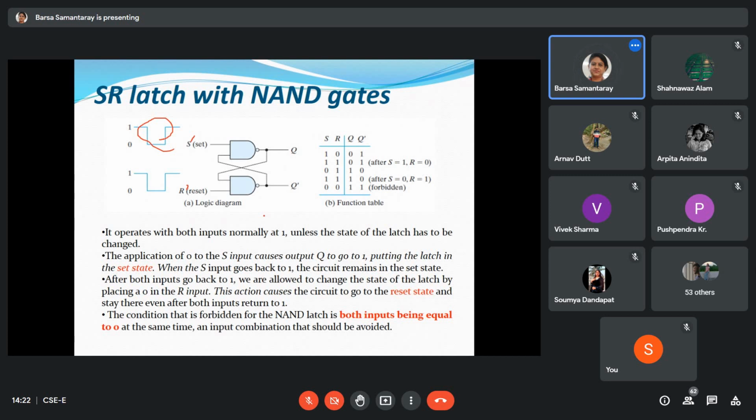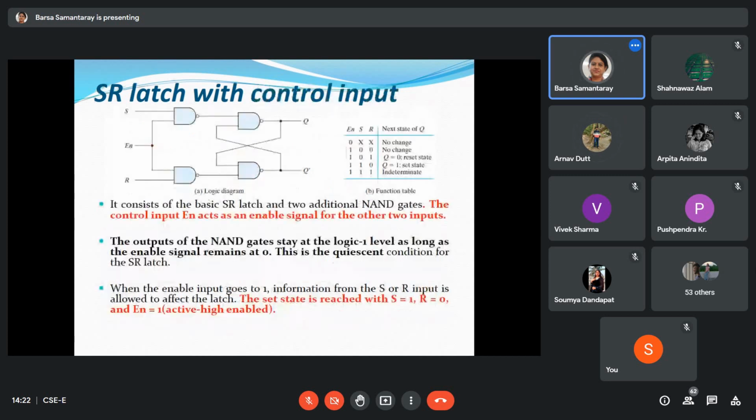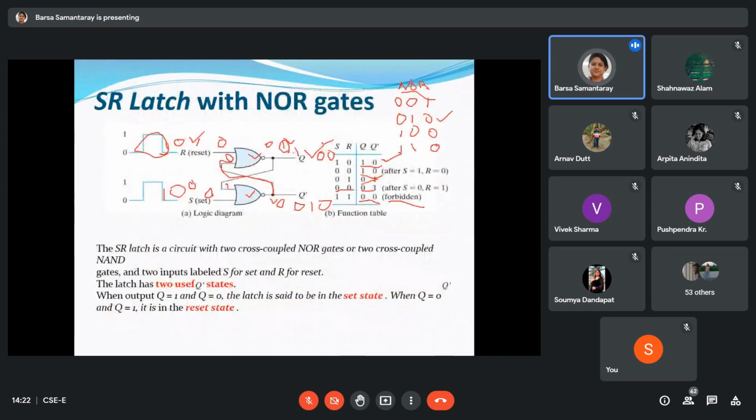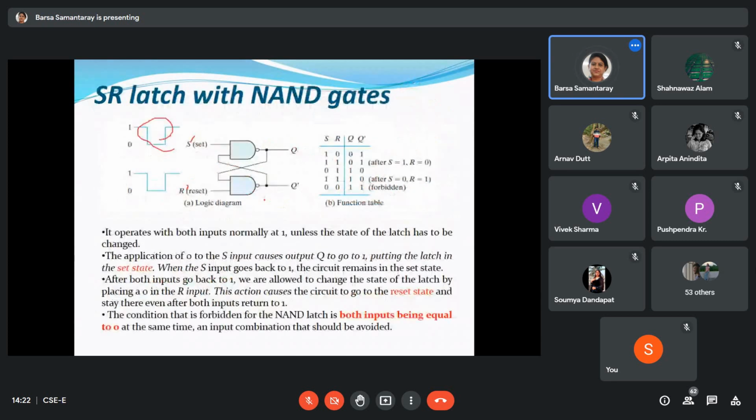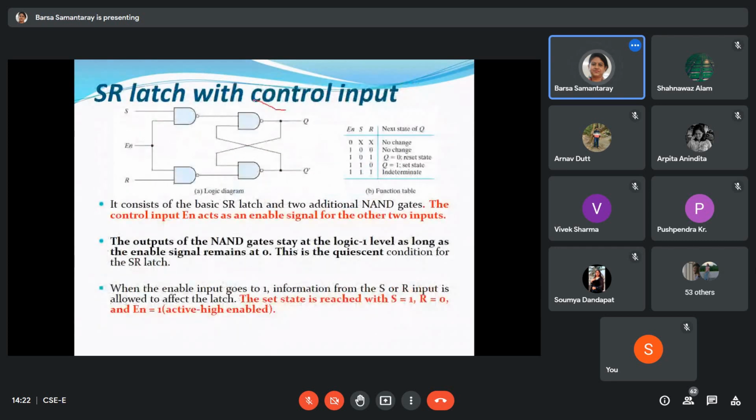Okay. Now that is a latch with control input. That means this entire thing, this one is your latch, this one is also your latch. But now this latch will be included with another input that is the enable signal, or we can say that clock signal.